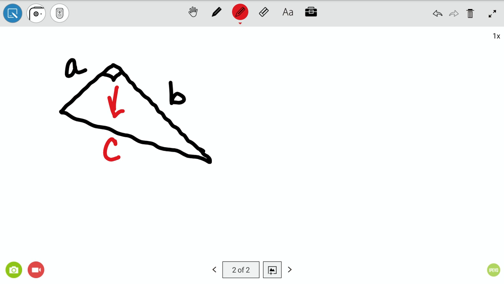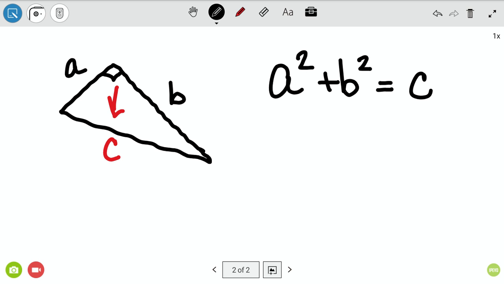Okay, good with that? Now, the actual theorem itself, or the equation, is A squared plus B squared equals C squared. And looking at this equation, you can kind of see why it does not matter which one you call A and B. Because 2 plus 3 or 3 plus 2, they're both 5, right?